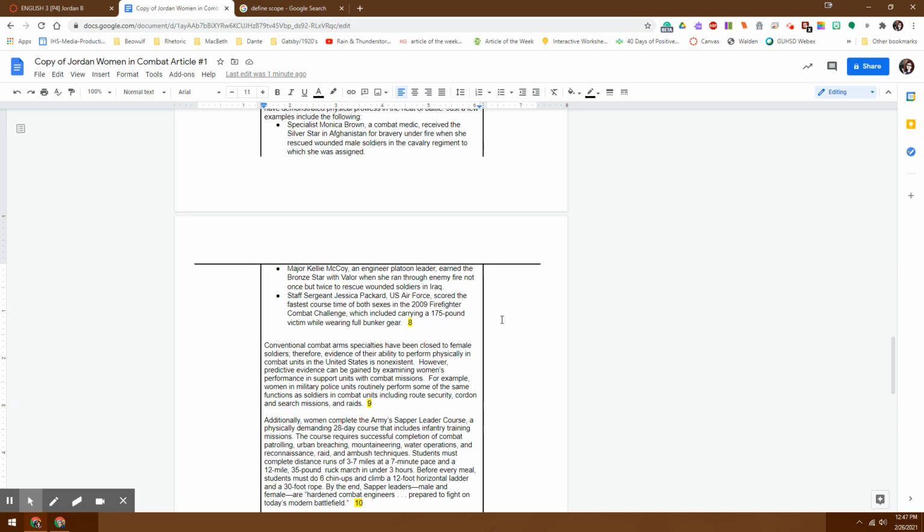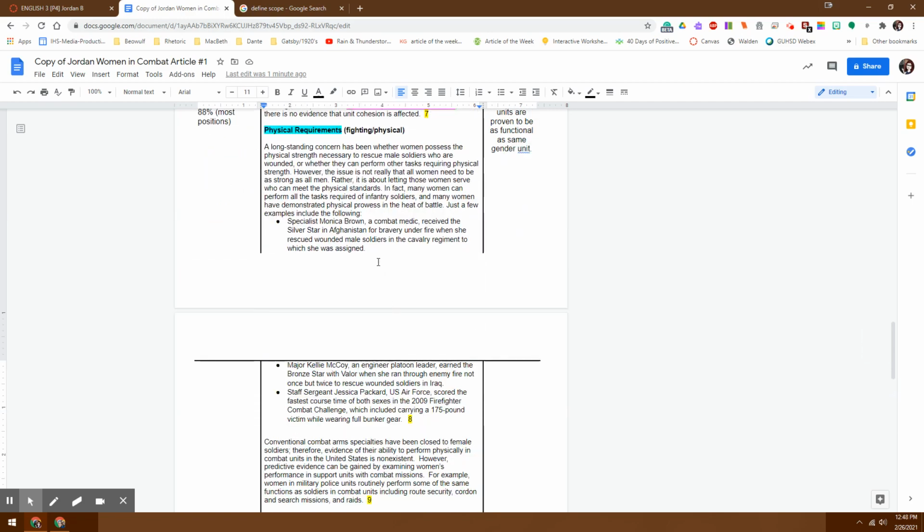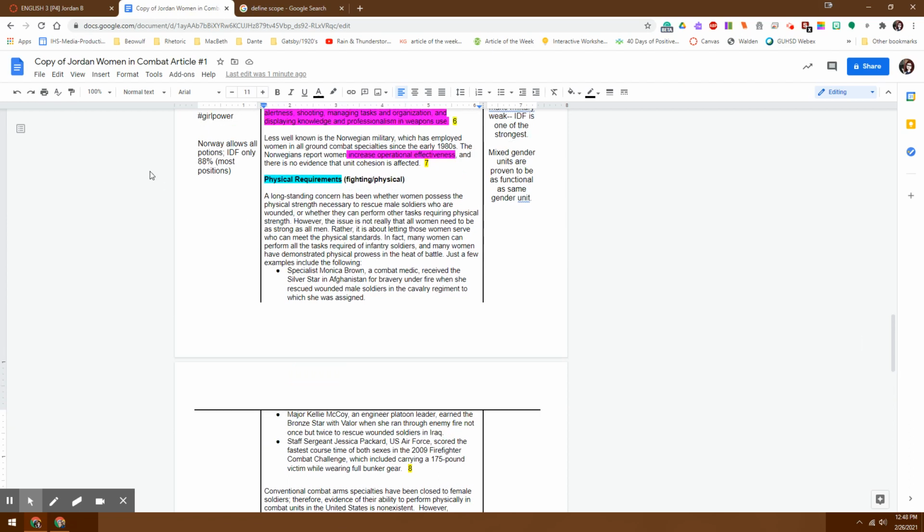Okay, so there's a lot of information in just this one little chunk, number 8. But I'm going to make a few notes. I don't really think there was a whole lot that we should clarify as far as vocabulary. It's pretty straightforward.